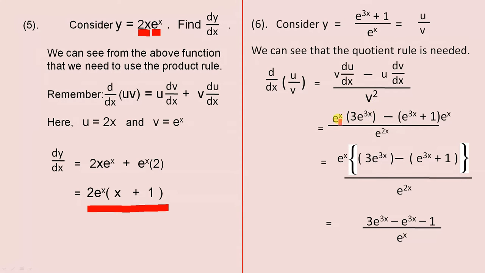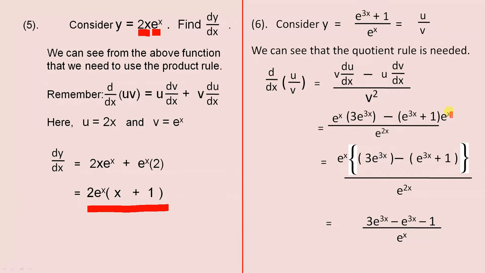So that gives us v du/dx minus u dv/dx all over v squared. Now if v is e to the x, therefore v squared is e to the 2x.